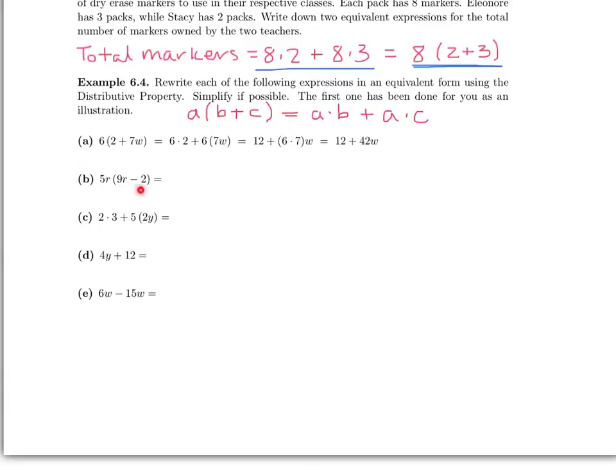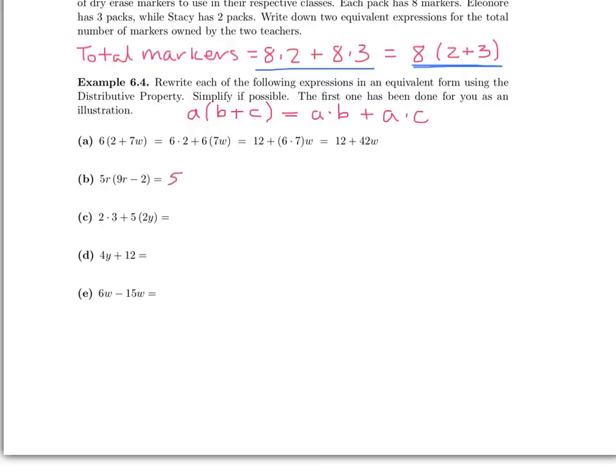In this case, you can look at this expression and compare it to what we have here. You can see that the 5R is playing the role of the A, the 9R is playing the role of the B, and the 2 seems to be playing the role of the C. There's one difference though. In the distributive law we have addition, but in this example we have subtraction. But as you know, every subtraction can be rewritten in terms of addition.